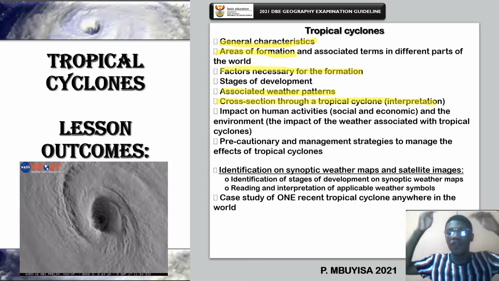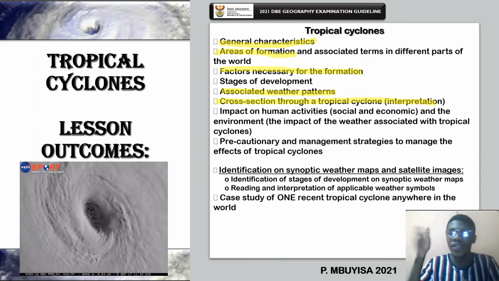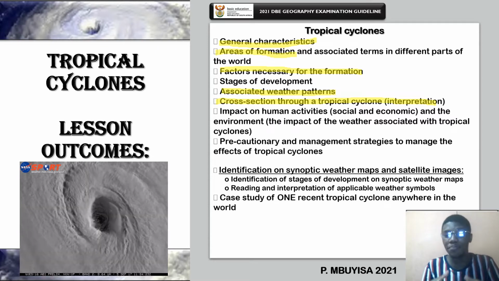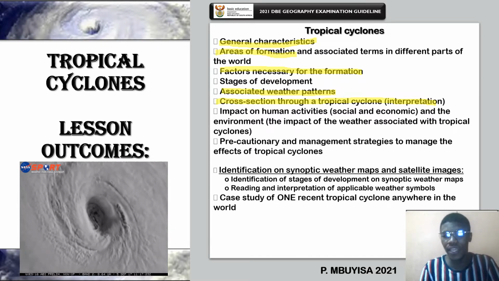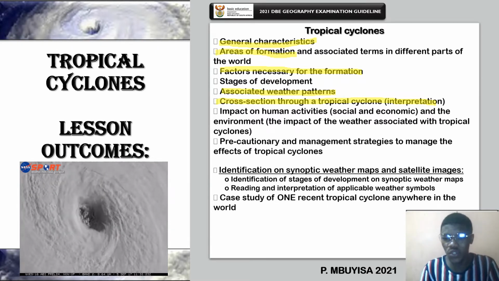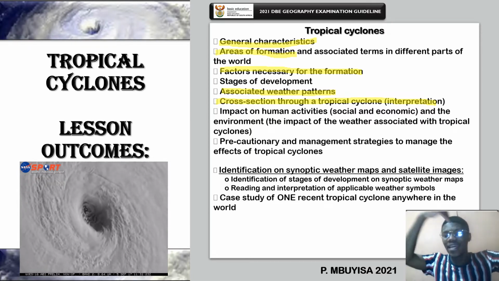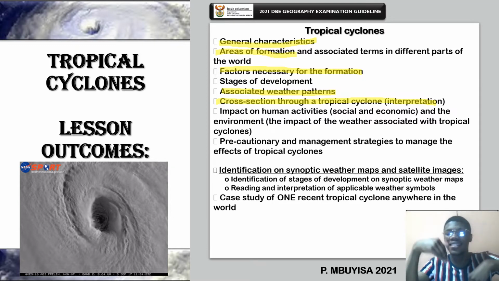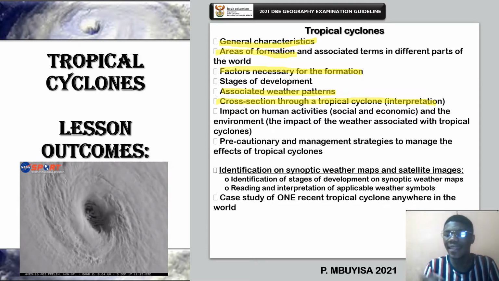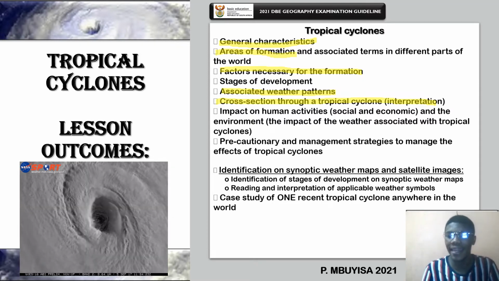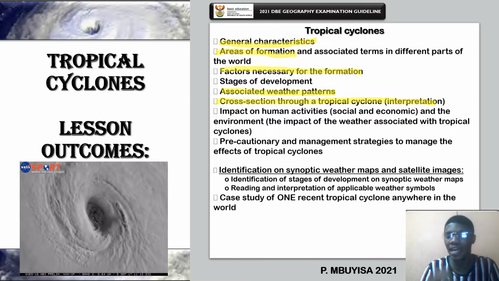And at the top of the atmosphere, we know that we have cold air. Are we fine with that? And since we have cold air, this cold air always sinks. So what is it going to do? It is going to sink towards the center of the system, and that is where the eye is formed. As it sinks, it warms up adiabatically.